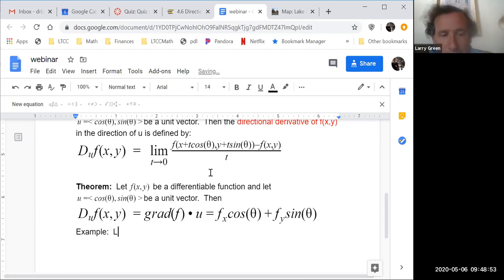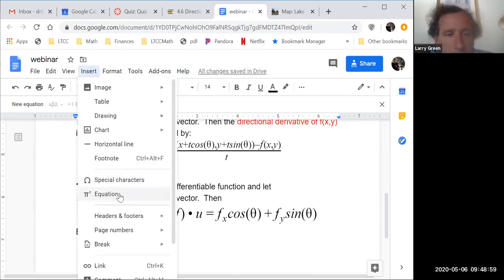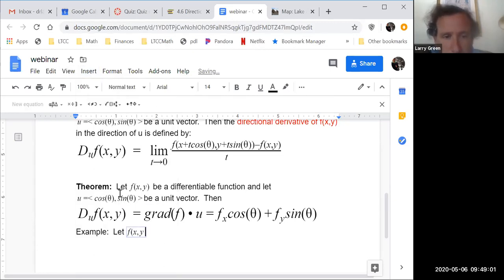So the example is, how about let f of x, y equal, how about x y squared minus 3x plus y. And hopefully you can look at that and agree this is a differentiable function, by the way.